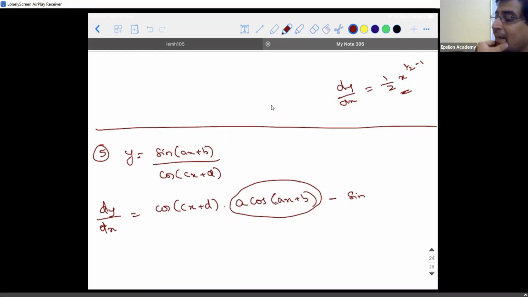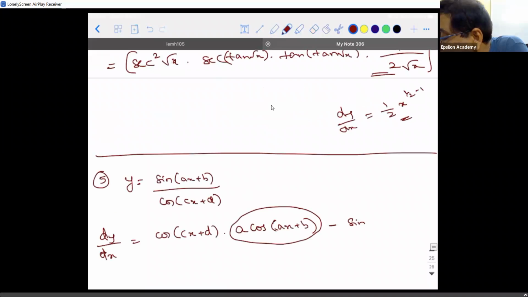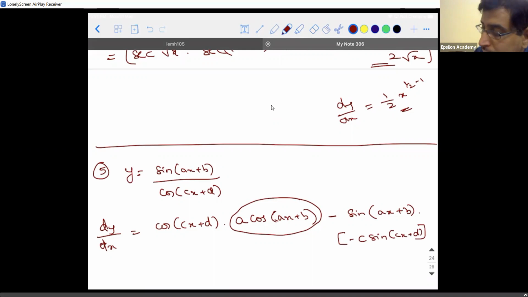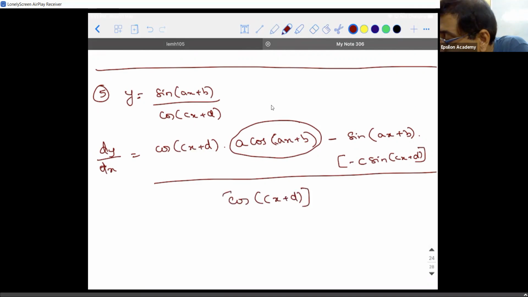Minus sin of ax plus b into, is it not minus c into sin of cx plus d? Correct? Whole divided by cos of cx plus d, the whole square.